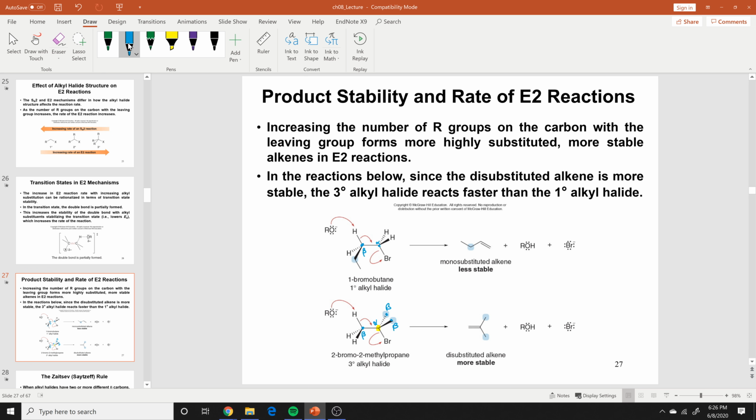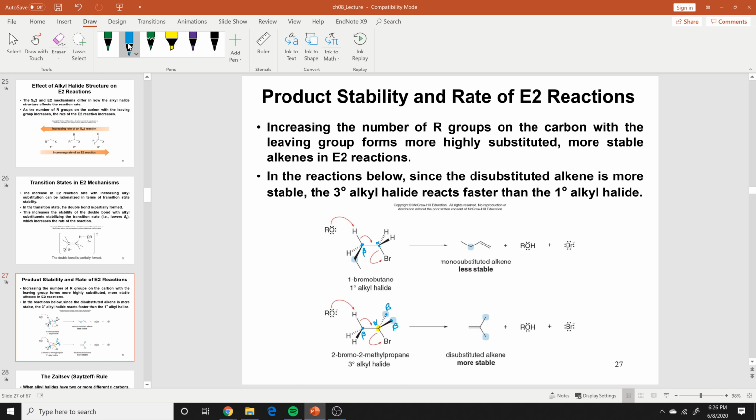So the base is going to come take the beta hydrogen, form a double bond, and the bromine is going to leave. If I do this, then I'm going to end up over here having my alkene. My alkene is going to be a monosubstituted alkene. A monosubstituted alkene is less stable than a disubstituted alkene.